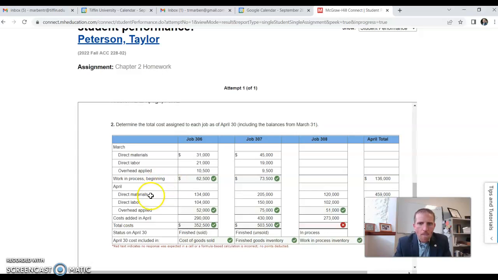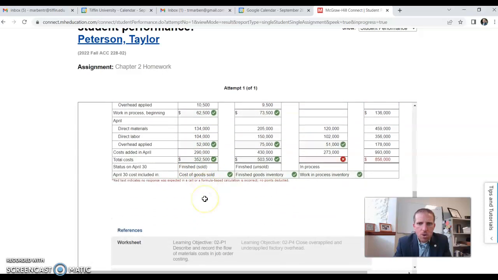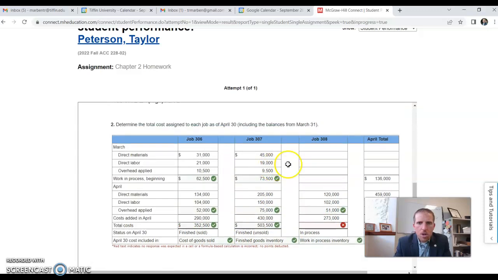You're missing here just the total cost. I think what you might be doing here is making this a little bit harder than it is. The total cost applied is just the grand total for each job as of April 30th.